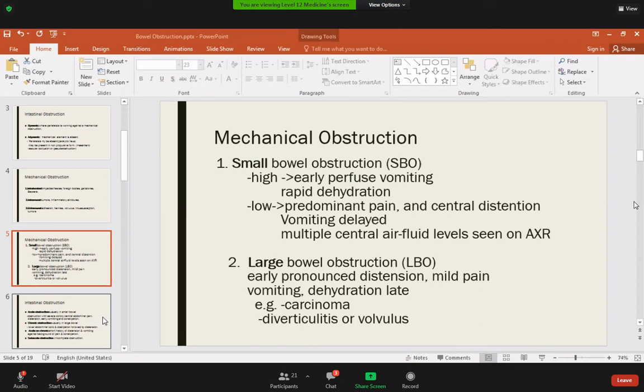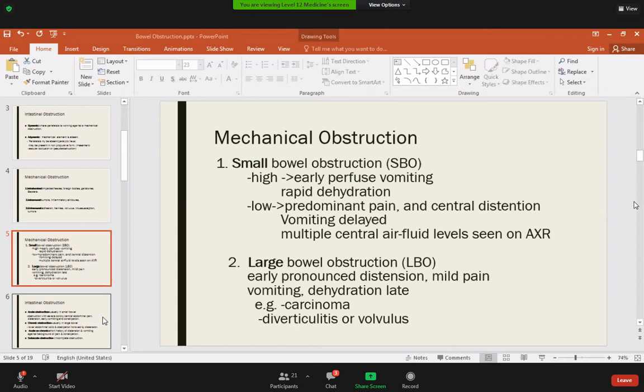Now, if you imagine, or if you think about the gut, we have around 2 meters of small intestine, and then we have the large intestine, which is wide bore, and it is around the periphery of the abdomen, while the small intestine is too long in length but smaller in caliber, and it is inside the central abdominal region.